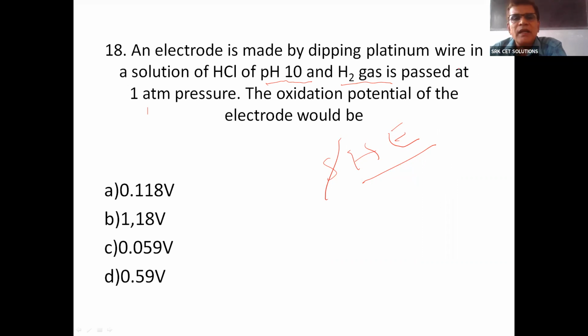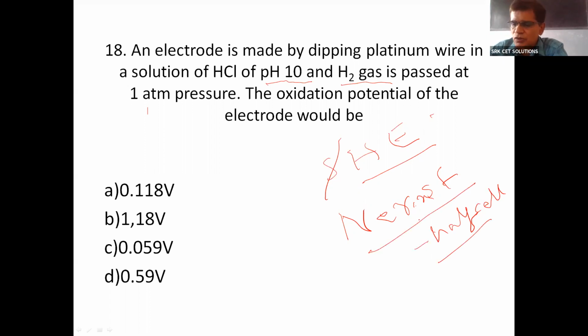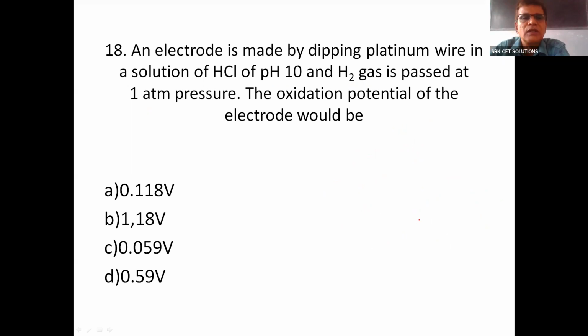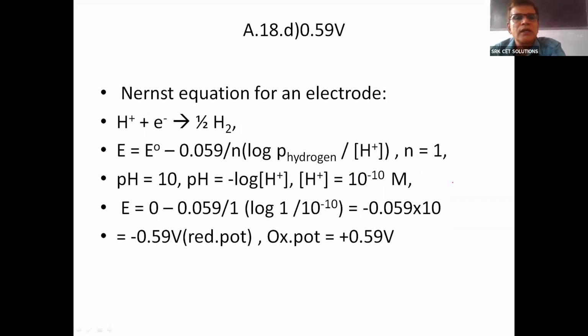Here we use another form of the Nernst equation. So we are going to use the Nernst equation for a half cell. You can apply the Nernst equation for a whole cell, a galvanic cell. You can also apply the Nernst equation for an electrode, that is a half cell. Let us see the answer. Look at this. The Nernst equation for an electrode or half cell.